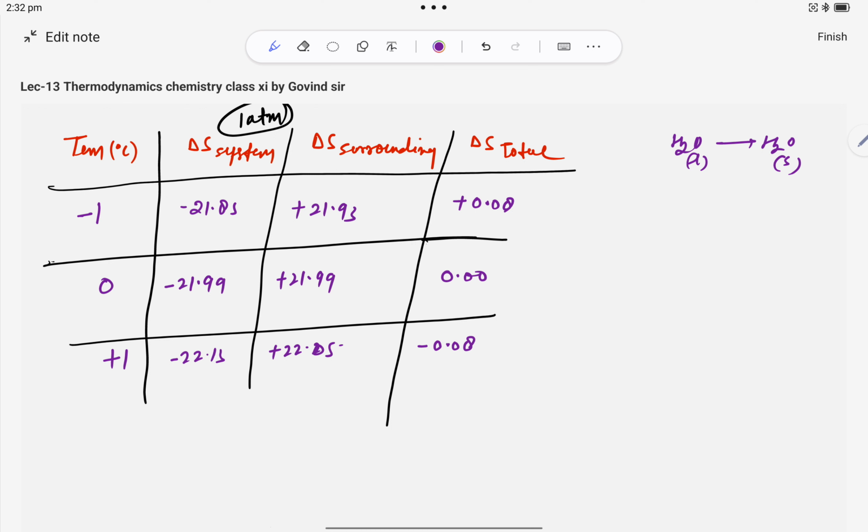So check it, children. Water to ice, water to ice. In that case, heat is released, but delta S total is greater than 0 in this case.